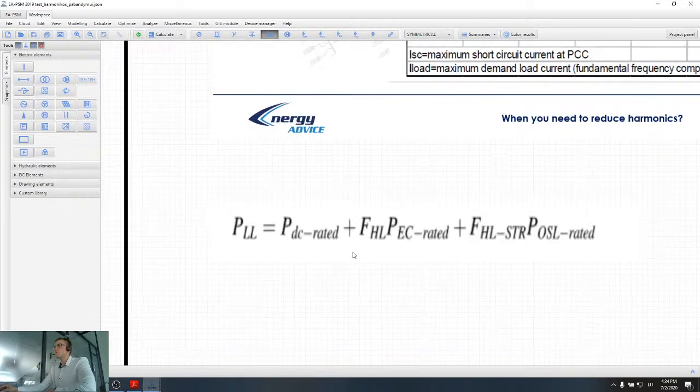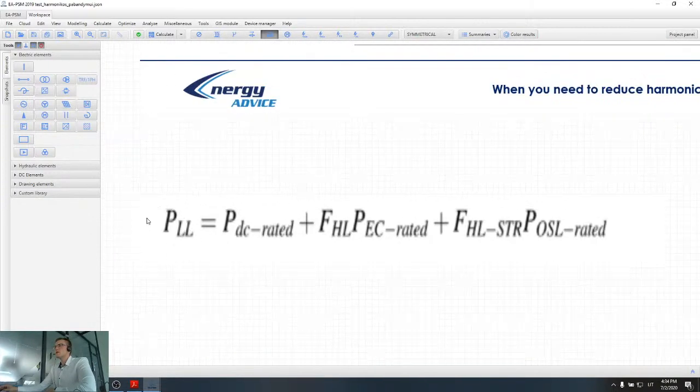Here is the simple formula, which is actually the power losses in any equipment. It can be a transformer, it can be a cable line, any equipment you can imagine in the electrical network. The losses in that particular equipment are represented by the letter P in kilowatts. So how are those losses constructed when we have harmonics in the network?